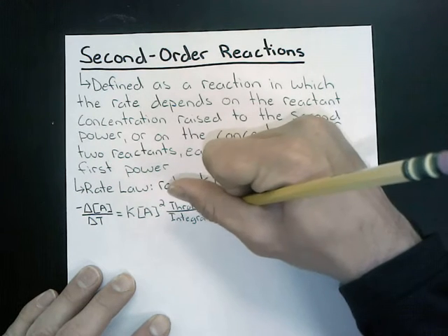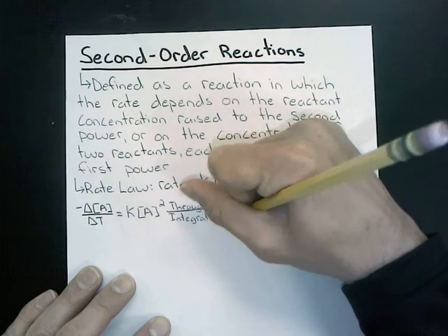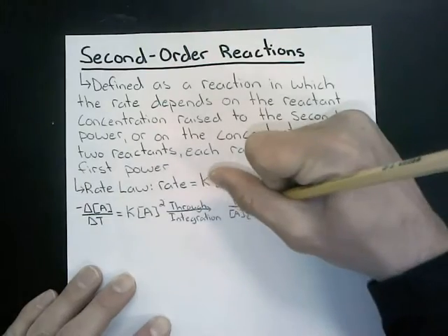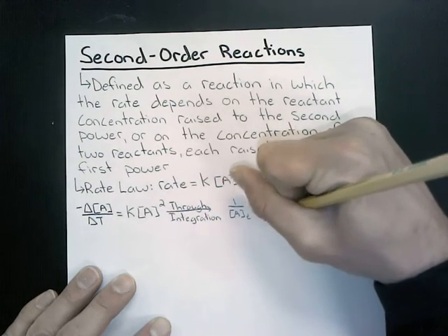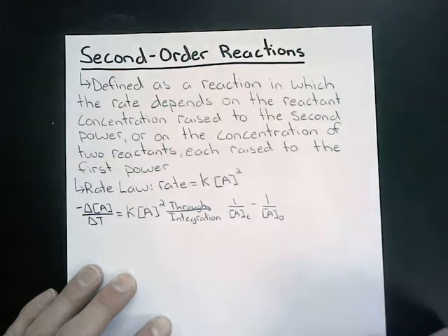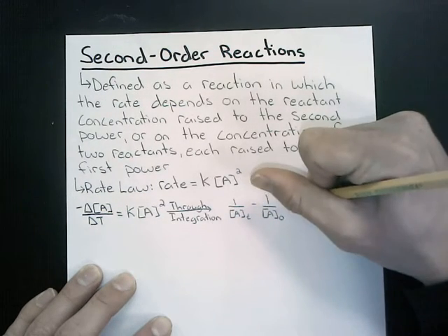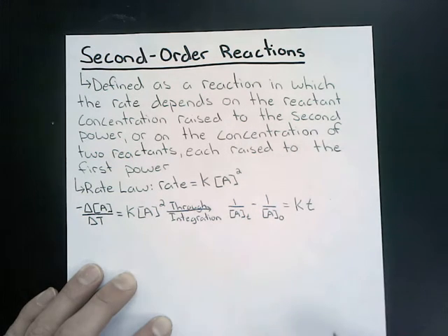We can get 1 over the concentration of A at some time t minus 1 over the initial concentration of A, and we can get this all to be set equal to the rate law constant times time.